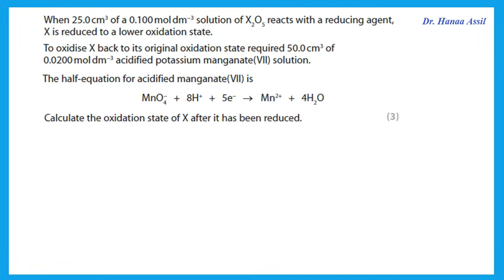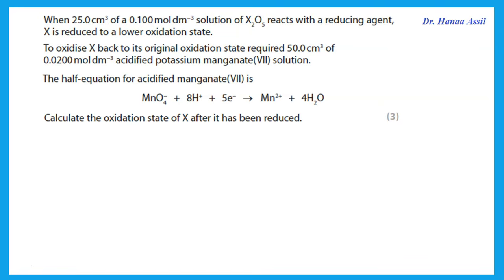This was another question, where the question says 25 centimeter cubed of 0.1 mole per decimeter cubed of X2O5 reacts with a reducing agent, so X is reduced to a lower oxidation state.